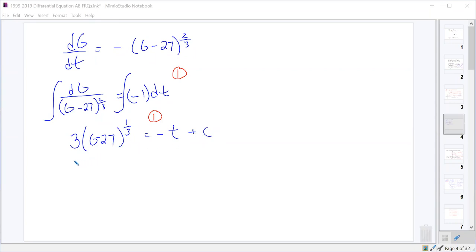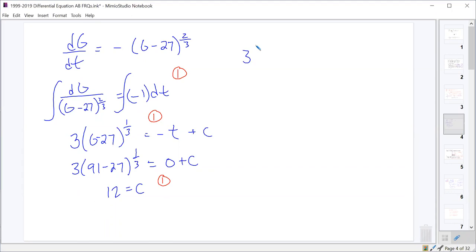So our initial condition was that g of 0 was 91. So 3 times 91 minus 27 to the 1/3 equals 0 plus c. 91 minus 27 is 64. Cube rooted is 4, times 3 is 12. So we're getting a constant of 12. That's a third point.